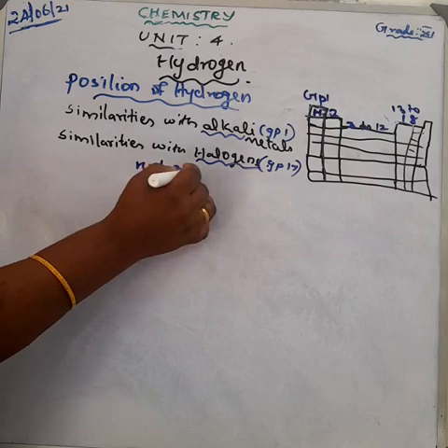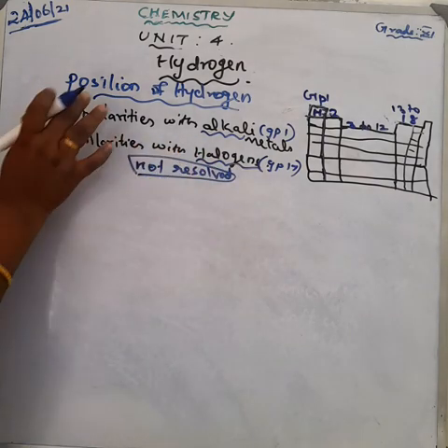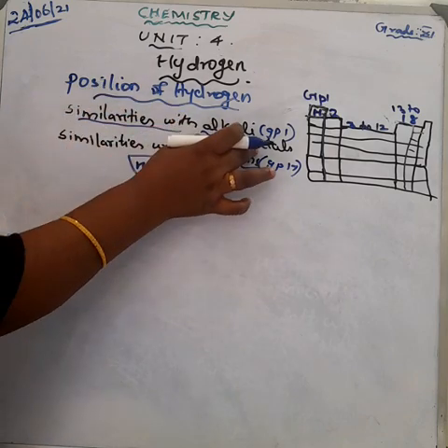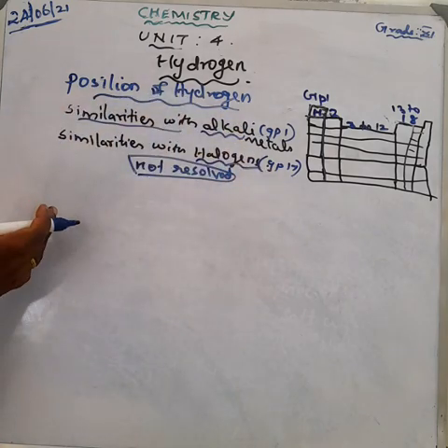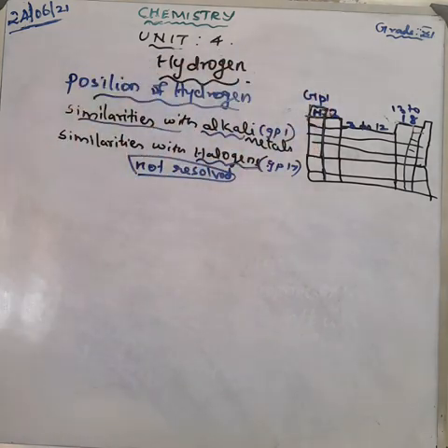But in accordance with certain similarities with alkali metals, hydrogen is placed as the first element in the alkali metal group. Also some dissimilar characters exist. Similarities and dissimilarities between hydrogen and alkali metals are there.